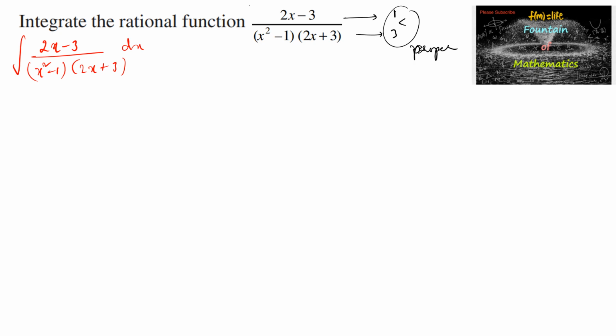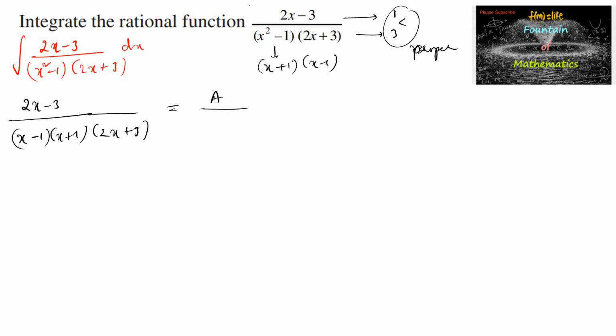So we can also write x square minus 1 as (x plus 1) into (x minus 1). So the rational function (2x minus 3) upon (x minus 1)(x plus 1)(2x plus 3) is equal to a upon x minus 1 plus b upon x plus 1 plus c upon 2x plus 3.